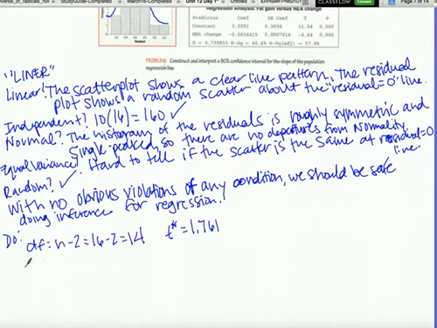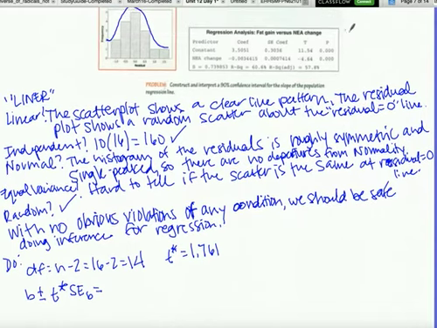To do the 90% confidence interval, we would do B plus or minus T star times the standard error of B. Our B is our slope from our least squares regression line, which we can get from the Minitab output. Remember that y hat equals 3.5051 minus 0.003415x.